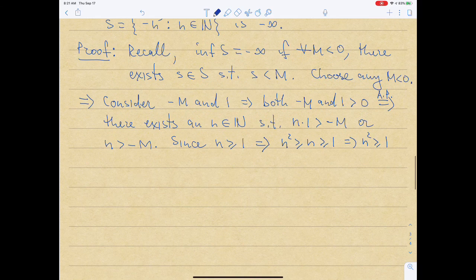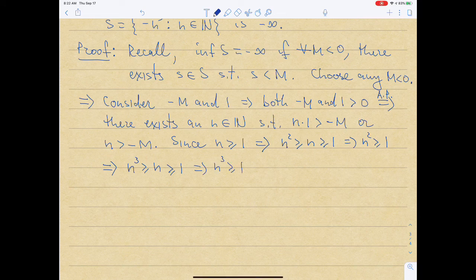Then I do this again, multiply both sides of this new inequality by n, and I'll have that n cubed is greater or equal than n. Combining this again with n greater or equal than 1 gives me n cubed greater or equal than 1.